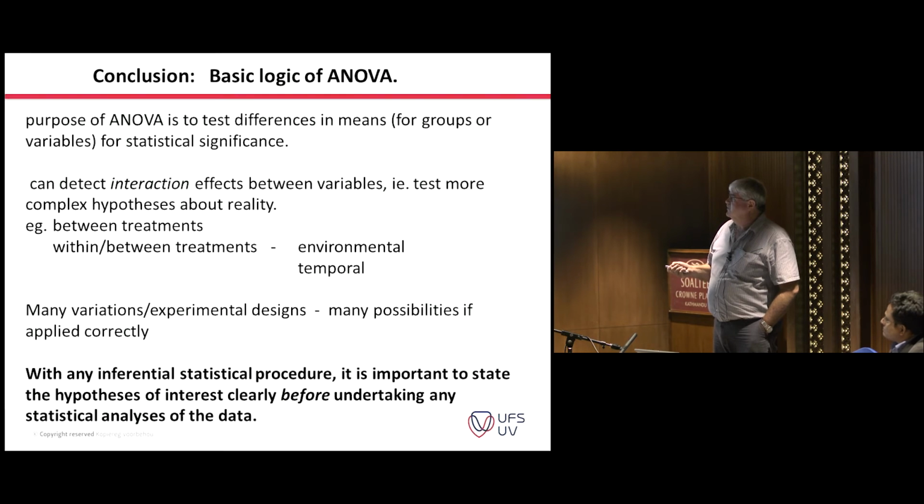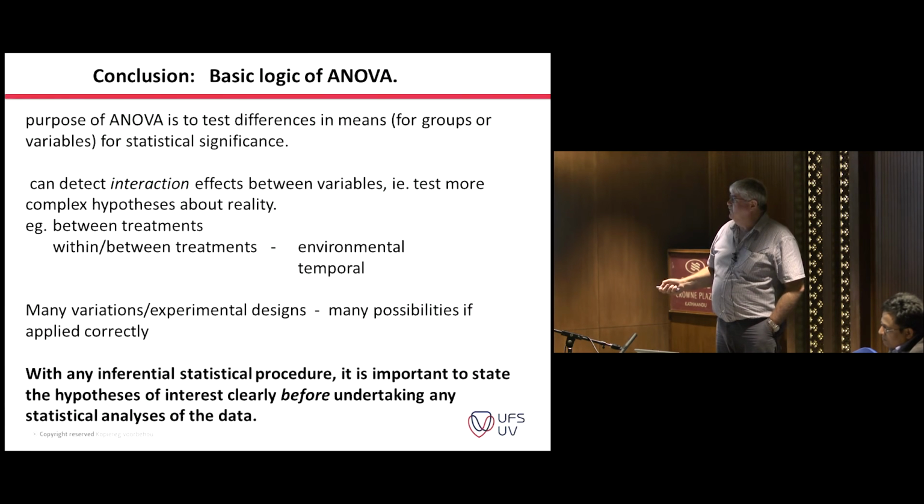The purpose of analysis of variance is to test differences in means for groups or variables for statistical analysis. They can detect interactions between variables. They can test complex hypotheses about reality, between treatments, within treatments, environment, temporal, whatever variables you want to use.